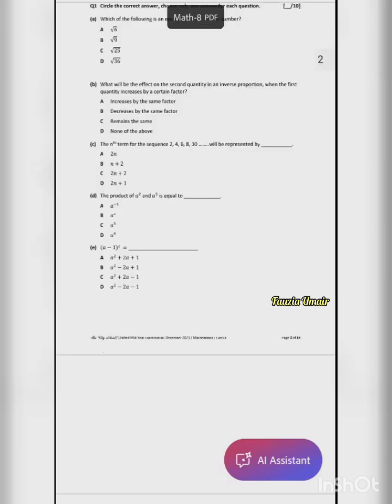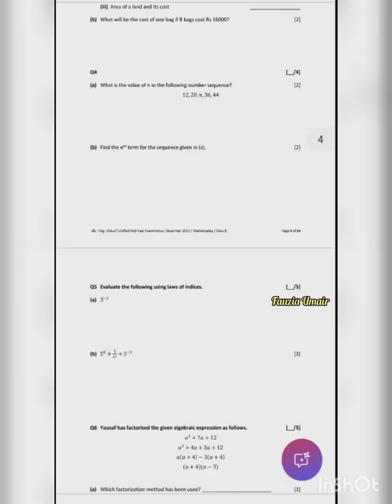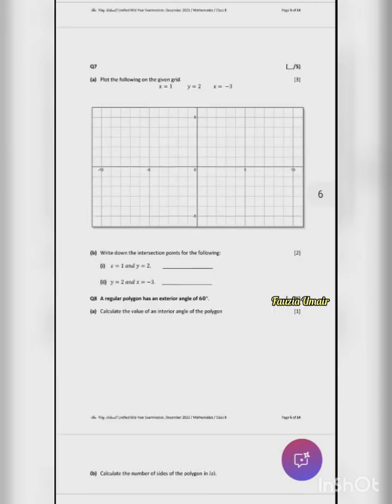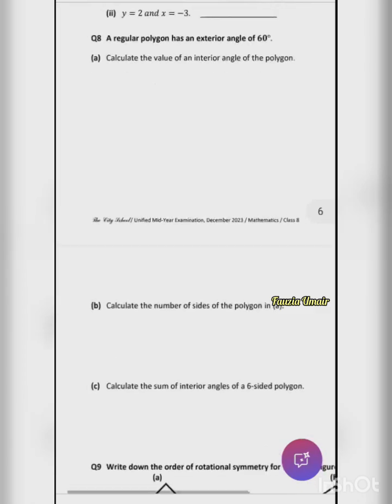I hope you can see the paper on the screen. So we need to start with question number 8. I'm zooming in also.